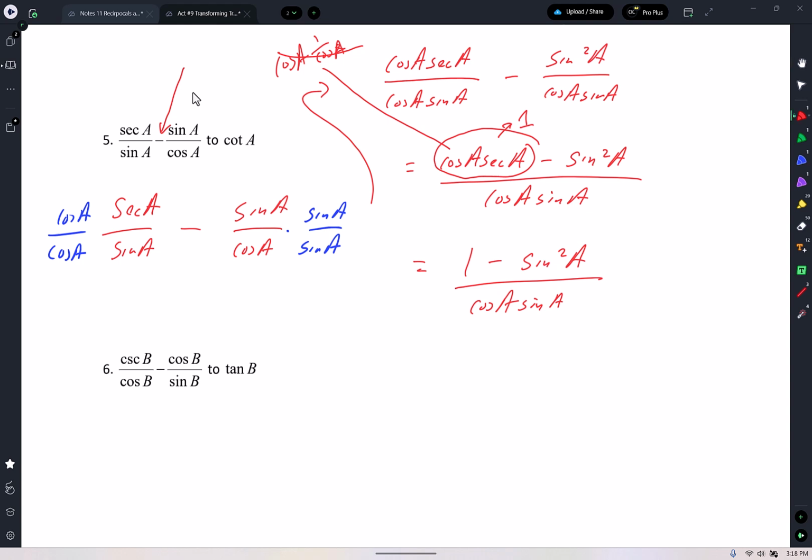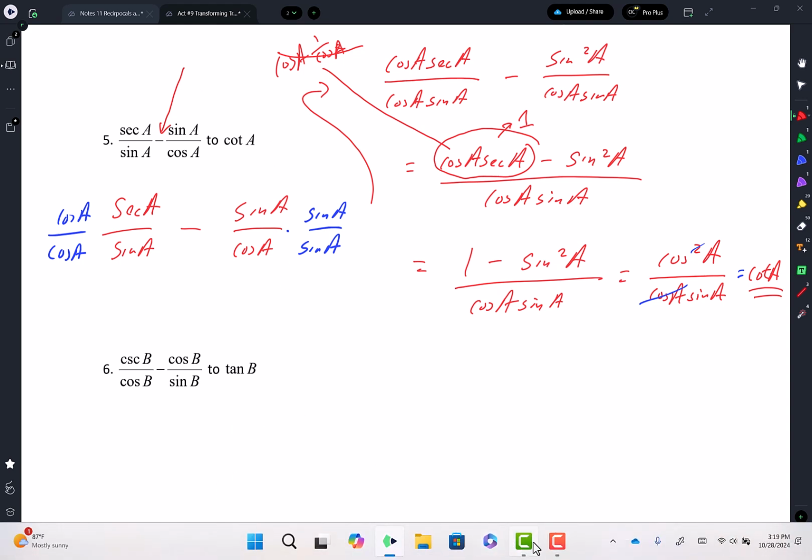Cosine squared. And now, what can I cancel out? One of the cosine A's. What's cosine A over sine A? Cotangent of A. And there it is. Cool or not cool? Cool. All right, I think you guys can take it all the way now.